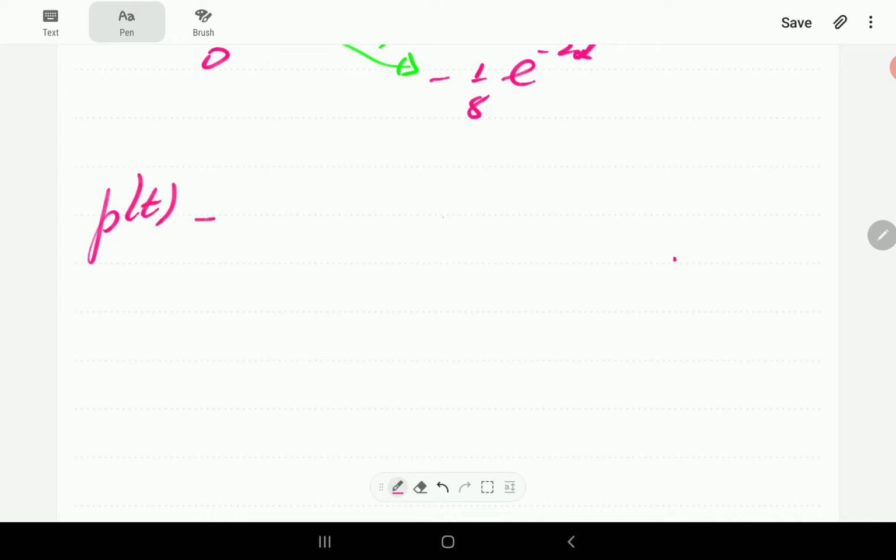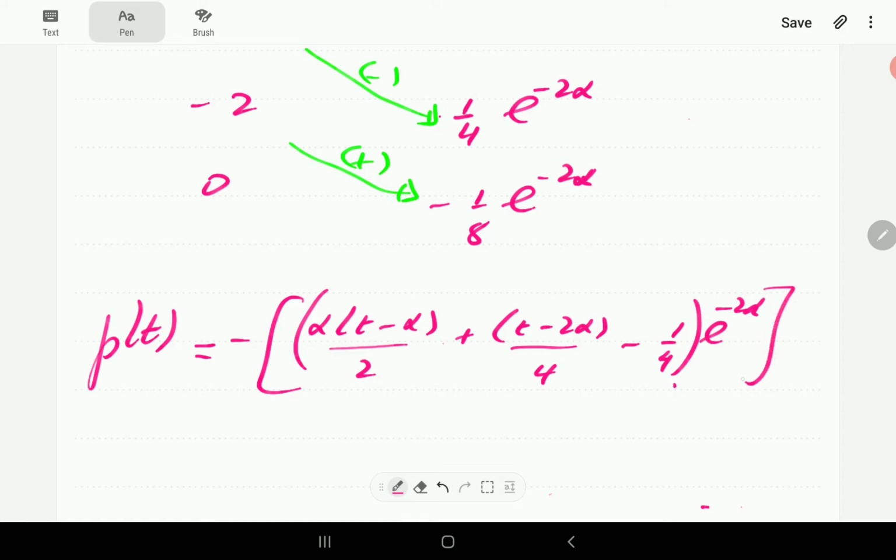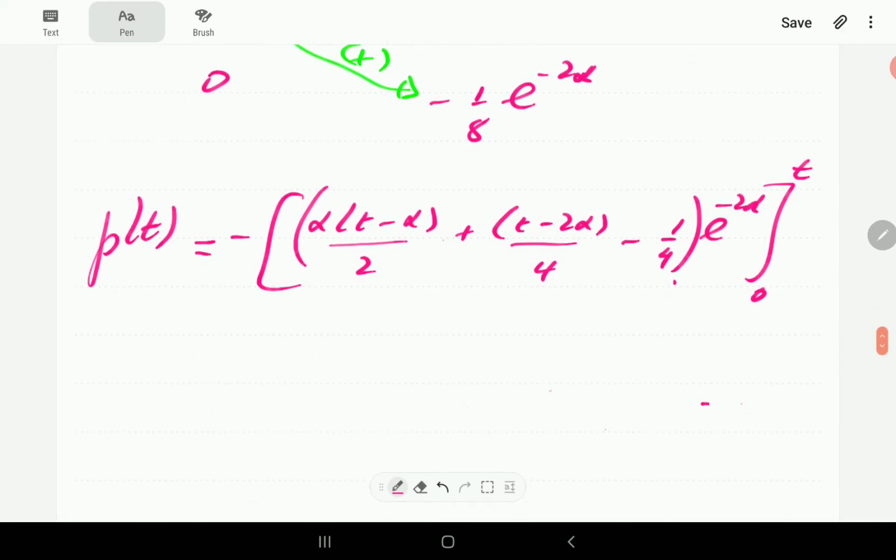P(t) is going to be the negative of alpha times (t minus alpha) over 2, plus (t minus 2 alpha) over 4, then minus 1 over 4, all this times e to the minus 2 alpha, evaluated from 0 to t. So that's what we're going to have.